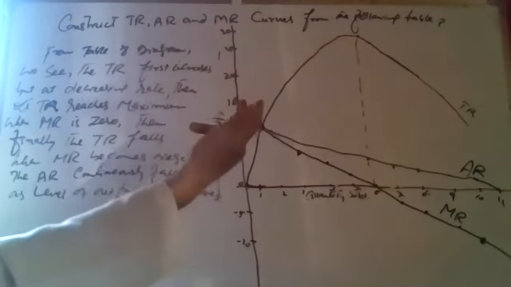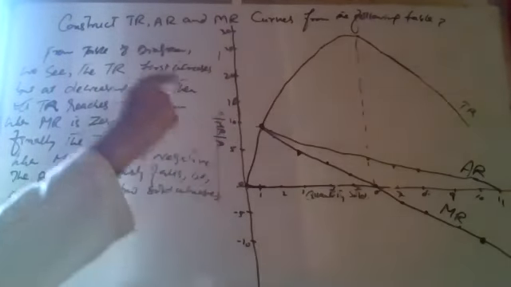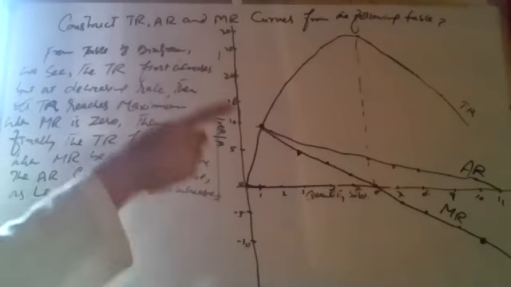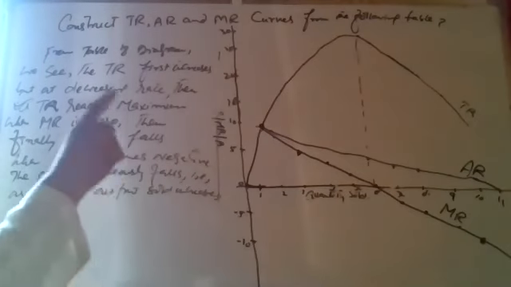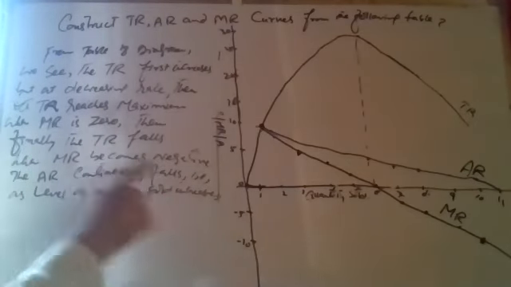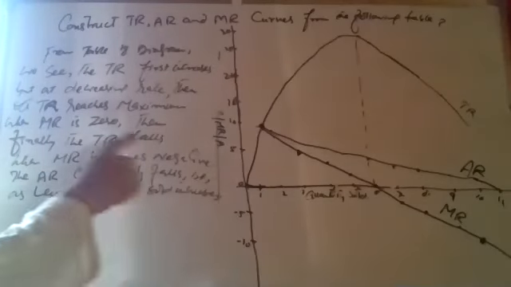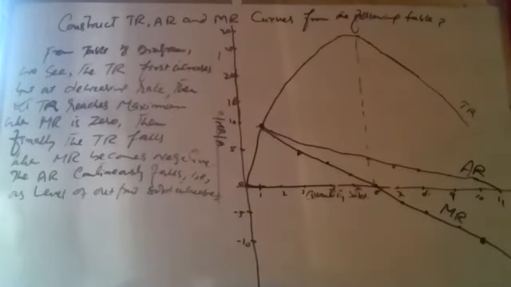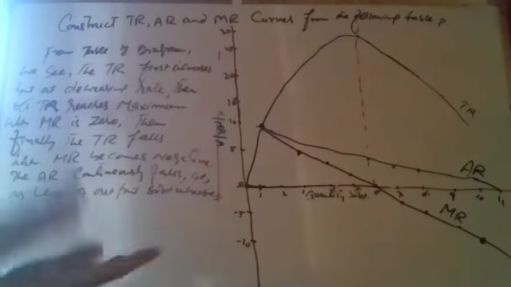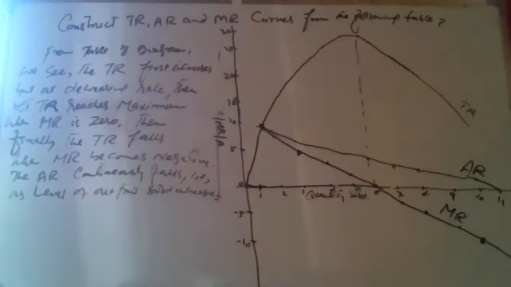It reaches maximum, remains constant for some time, and ultimately it falls. The average revenue continuously falls beyond output level 1. The marginal revenue also falls. So this is all about average revenue, marginal revenue, and total revenue curves. In the next lecture, tomorrow, we will discuss the relationship between total revenue and marginal revenue, average revenue and marginal revenue. Thank you very much.